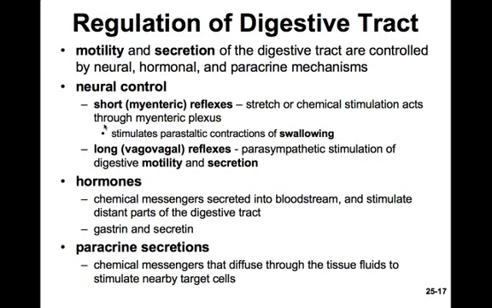So how are all these digestive functions regulated? There are three basic mechanisms. The neural control that we've looked at a little bit already, hormones, and then paracrine secretions. Short reflexes of myenteric origin result primarily from stretch of a local area in the intestine and subsequent contraction against that stretch.